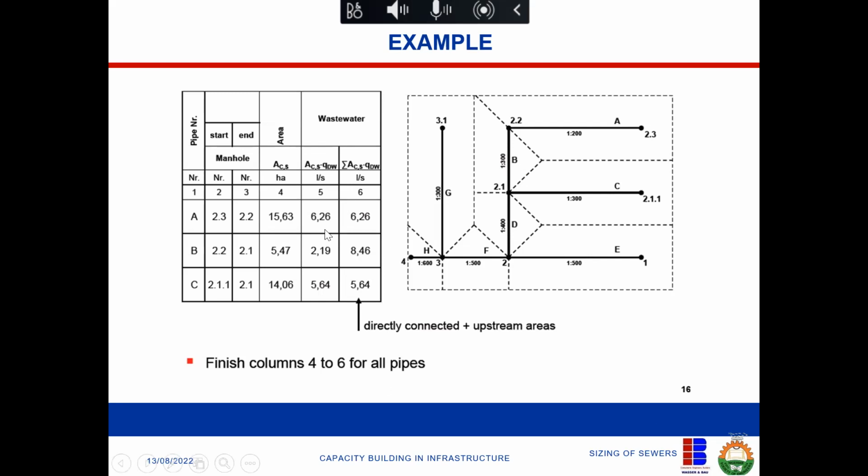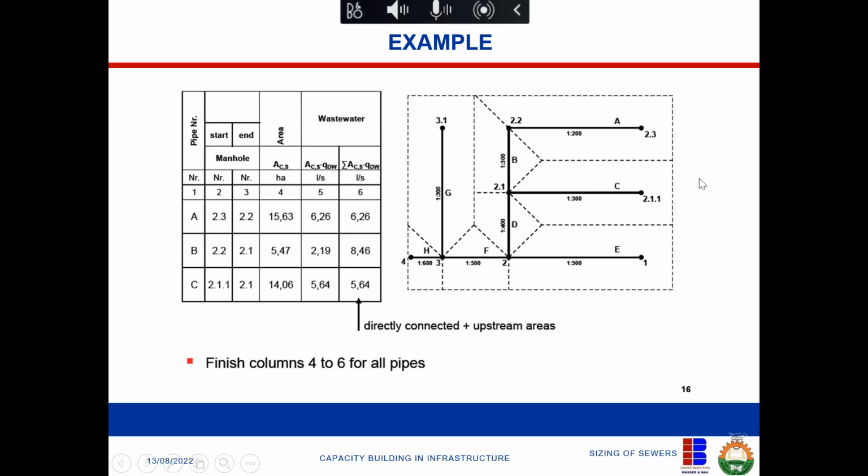So now watch here. This is A, catchment A is on its own, so the aggregation will be 6.26 as total wastewater flow. But when it gets to catchment B, this is the value for catchment B, 2.19, by virtue of its small catchment area. But the real value flowing in B will be the one for A plus the one for B. When it comes to catchment C, you can see that it is just a beginning.